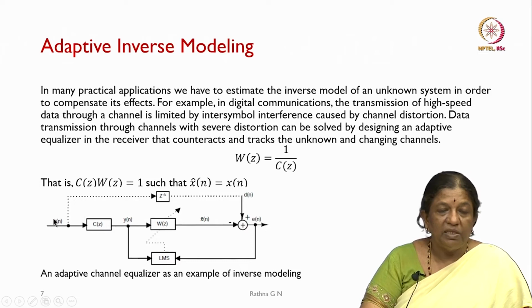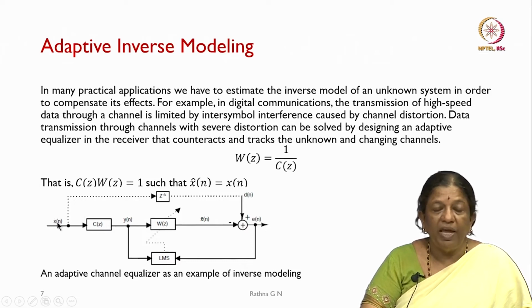This is what is shown in our equalizer as an example of inverse modeling. We have the input x of n, then C of z, and the output is y of n, which is fed to our LMS algorithm as well as our weight function for calculation.